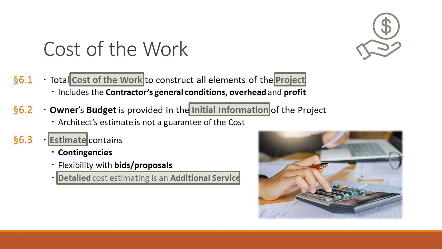So if it just said cost of the work is elements designed to build the project, that wouldn't necessarily be everything. That's why they say including the general conditions, overhead, and profit. But just think about it as, for purposes of this contract, what it costs to build the project.